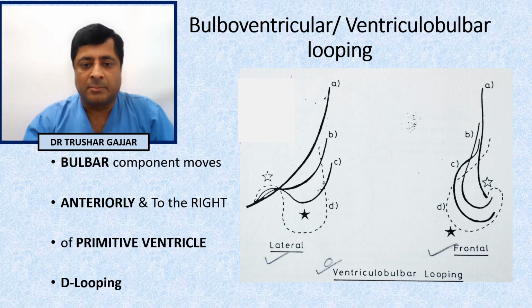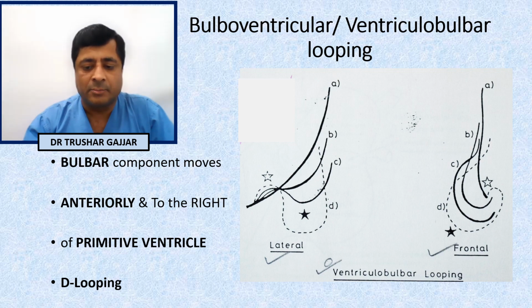Here the bulbar component of the heart tube moves in front and to the right of the primitive ventricle. This is called D-looping. I'll repeat again. The bulbous portion of the heart tube moves in front and to the right of the primitive ventricle. So it forms a 180-degree looping.